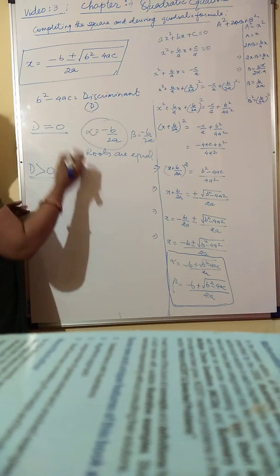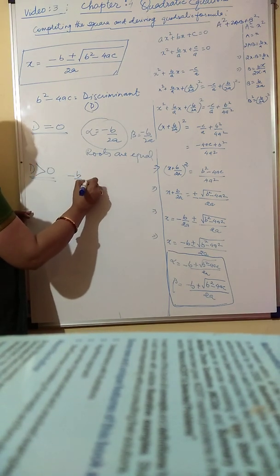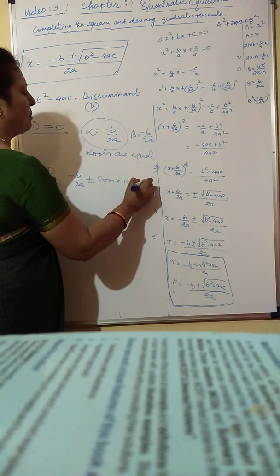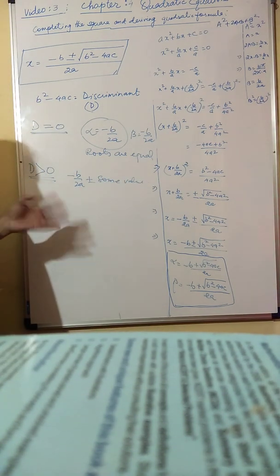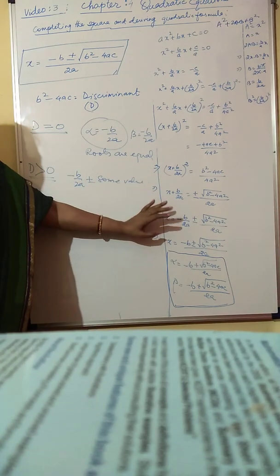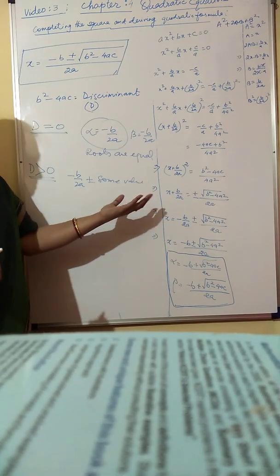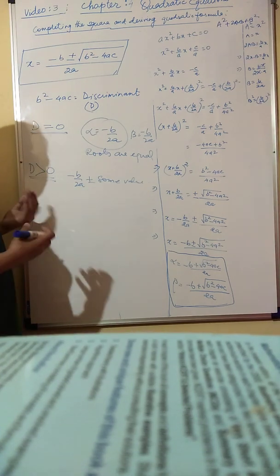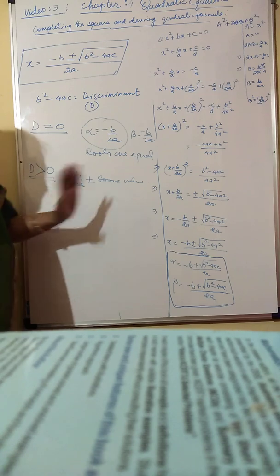Similarly, when d is greater than 0, that means it is positive. So if it is positive, then you will get minus b by 2a plus minus some positive value, rational or irrational, depends. So that means the roots will be different, because when you add a rational term and when you subtract a rational term, then the roots will be different.